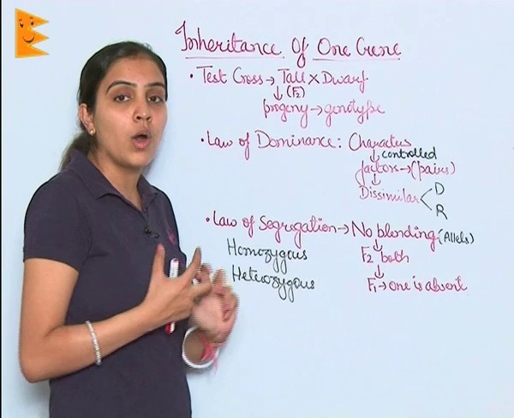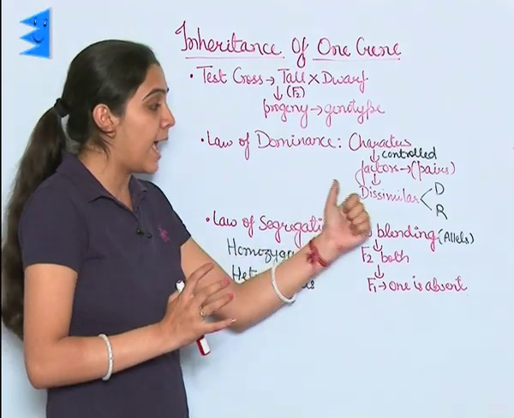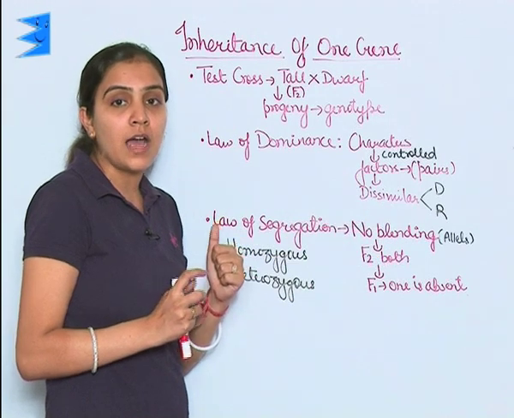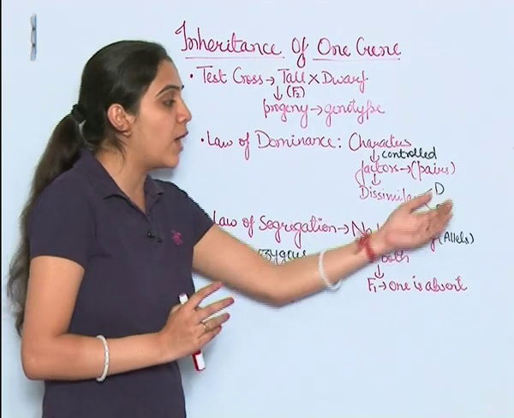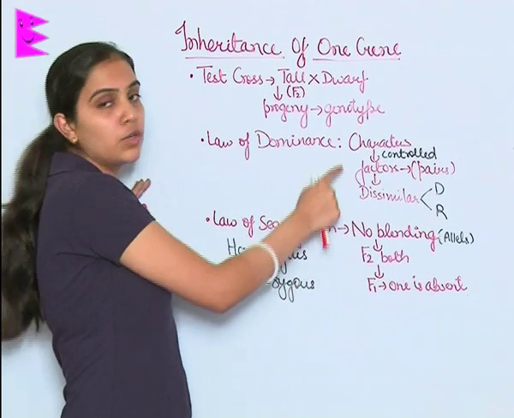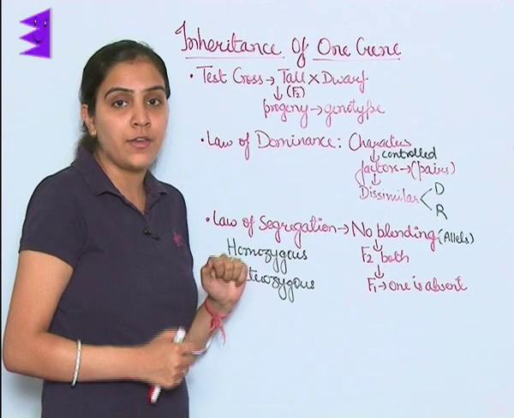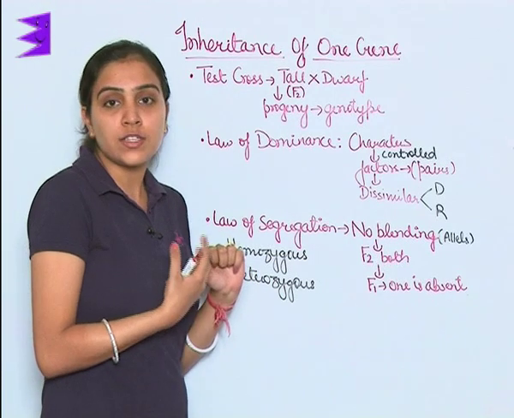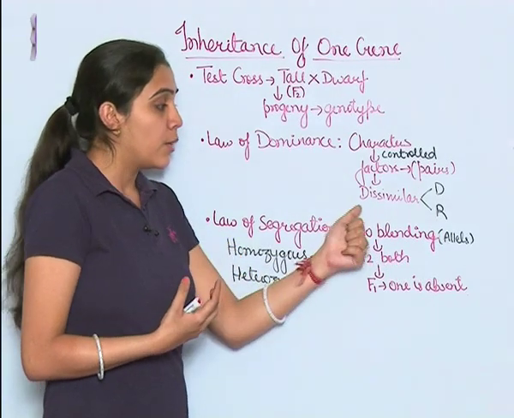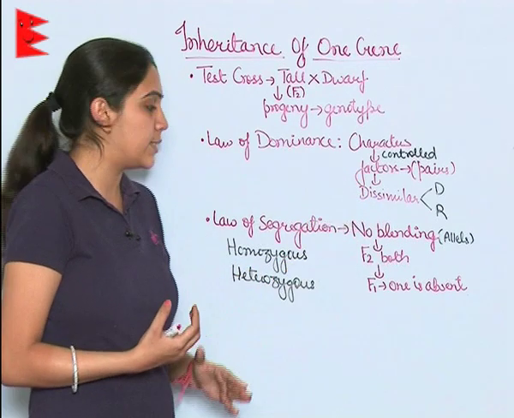These factors are always present in pairs, and if they are dissimilar in nature, one will be dominant and the other will be recessive.